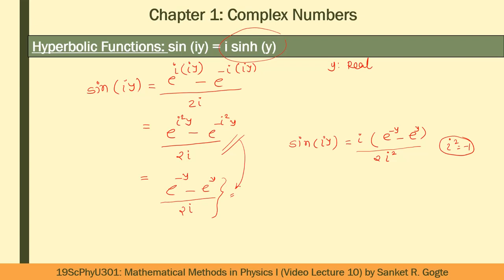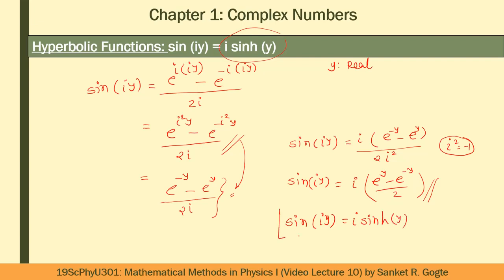So sine iy therefore is equal to i into e to the power y minus e to the power minus y divided by 2. Now if you go to the definition of hyperbolic sine of y, this is exactly that function. Therefore, what we have proved is sine iy is equal to i into hyperbolic sine of y.